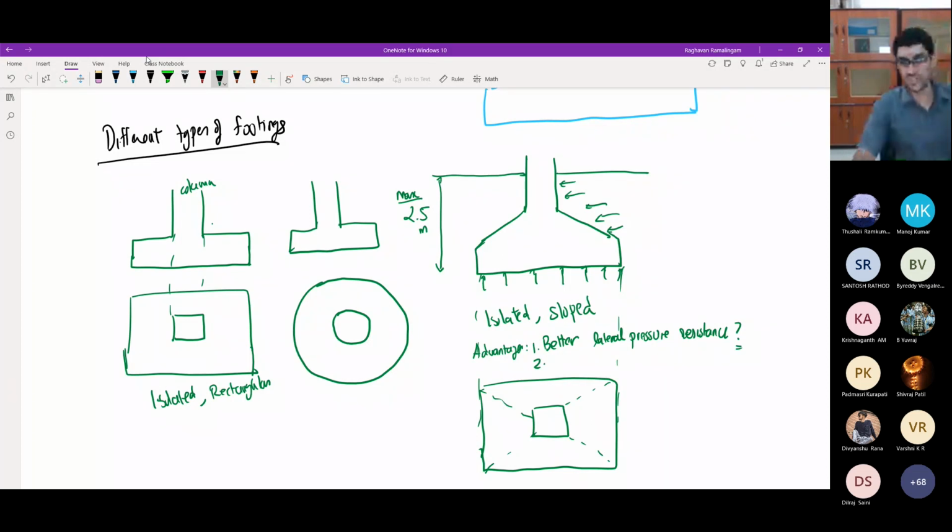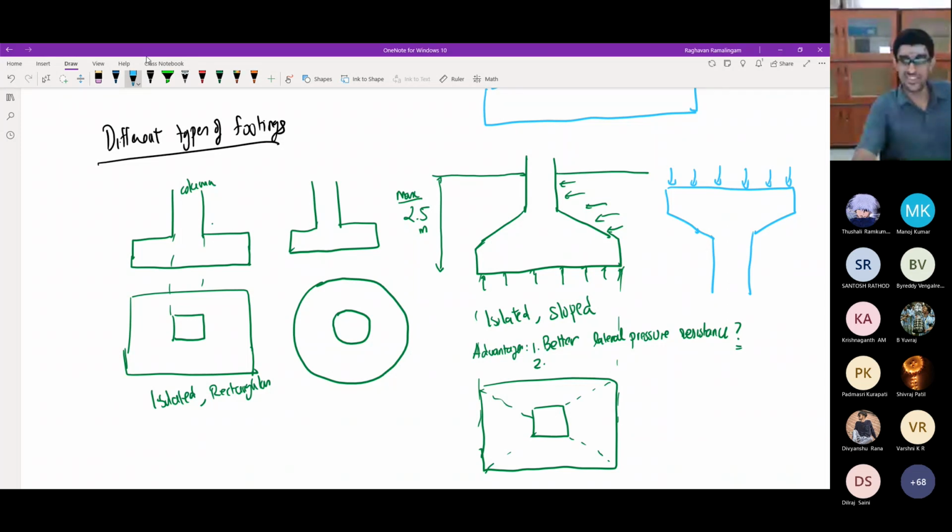Rather, what is the main advantage of this? Okay, I'll do one thing. I'll reverse this shape. I'll draw the shape upside down. Can you make any guesses what may be the advantage of giving the shape?